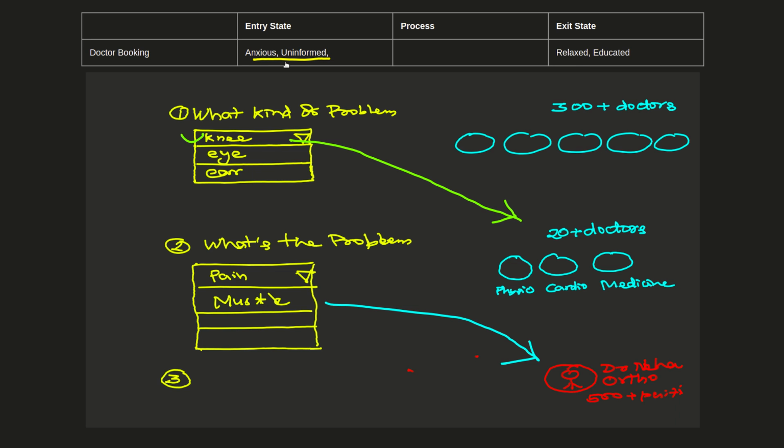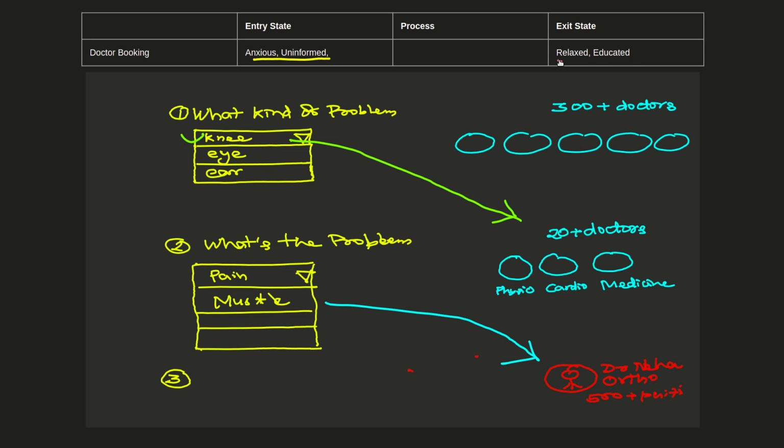I need to get out of this anxious mode, right? So for that, what I want is if they have treated, right? So like 500 plus patients were treated in the last month by Dr. Neha. Then that gives me confidence that okay, wow. So that gives that exit state, right? So we want these two exit states.